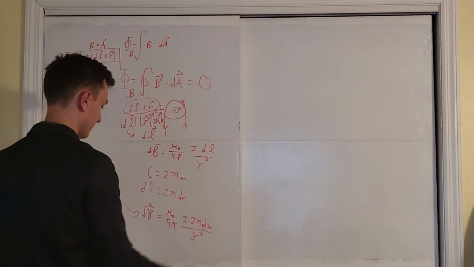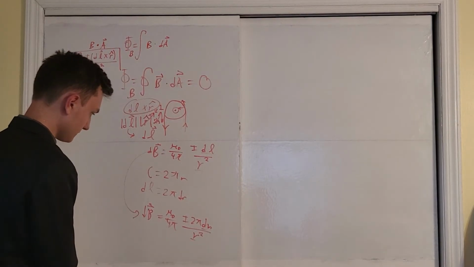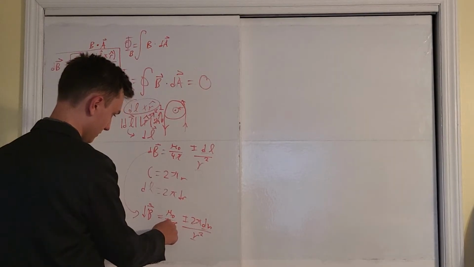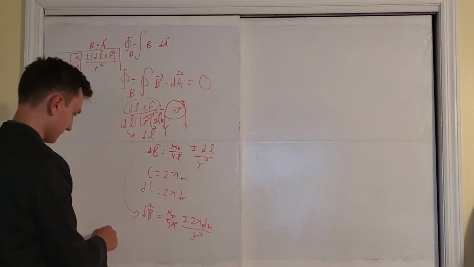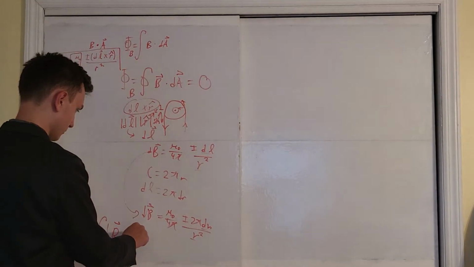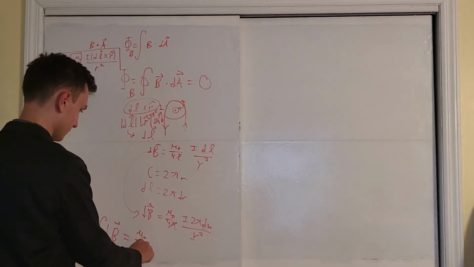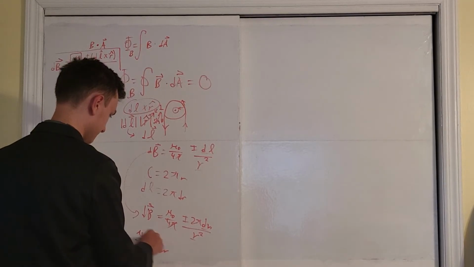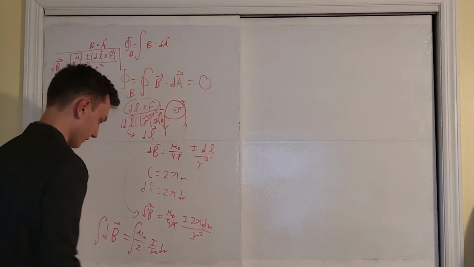Now I have r and r, my variables agree. First of all, I'm going to notice that these 2 pi's are going to cancel, and I'm going to rewrite this in integral form. The integral of the magnetic field differential is equal to mu naught over 2 multiplied by I over r squared dr. We're going to do the integral of that.